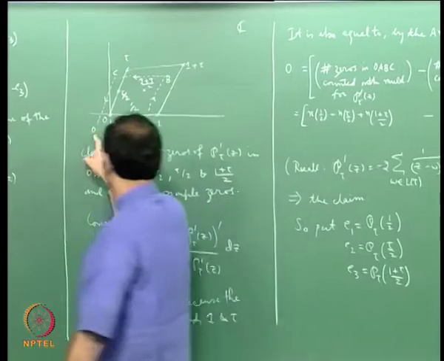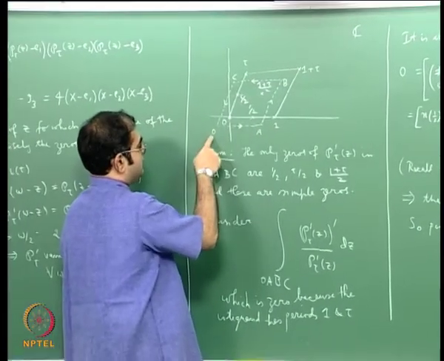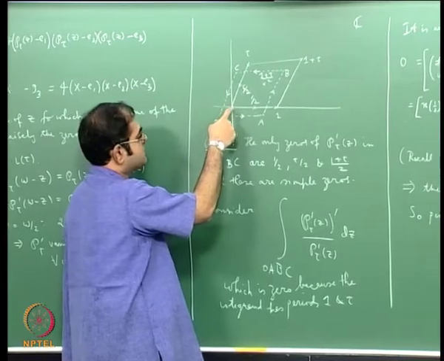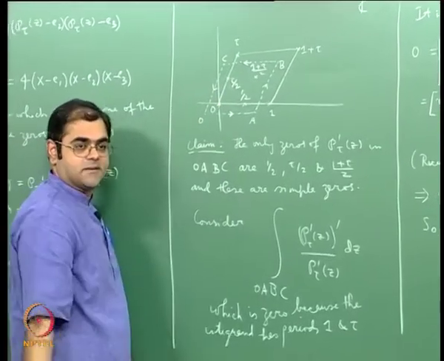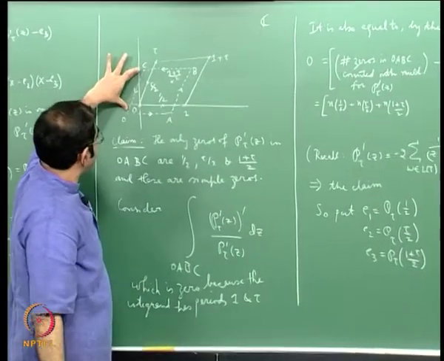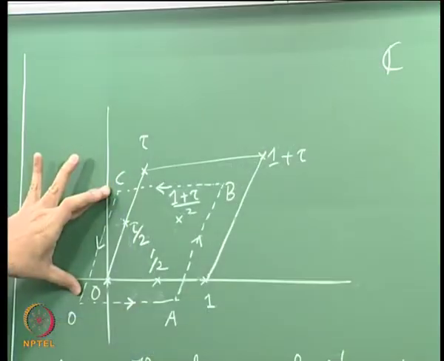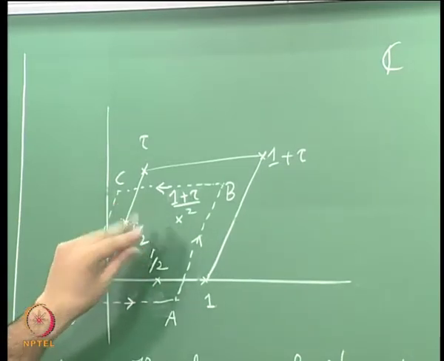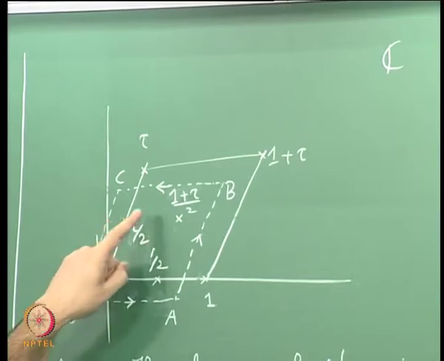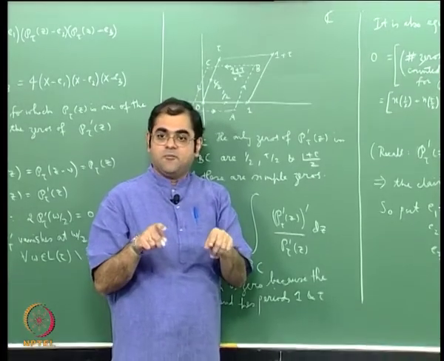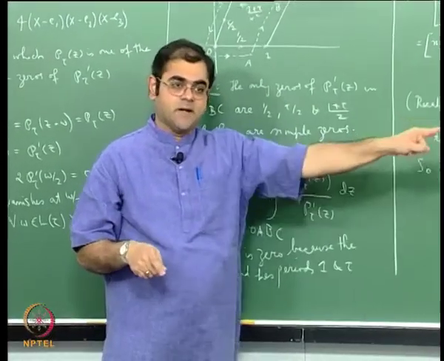Of course I am sorry to call this also O, because this is the origin and that is 0, so let it not confuse. It's bad notation. You take a translated parallelogram like this, and I am confining my attention only to the number of places inside this parallelogram where the function is taking the value lambda.